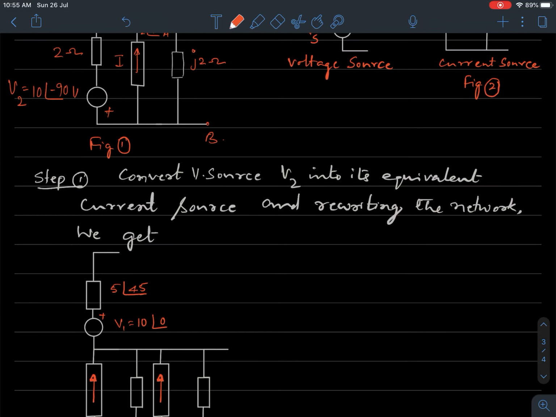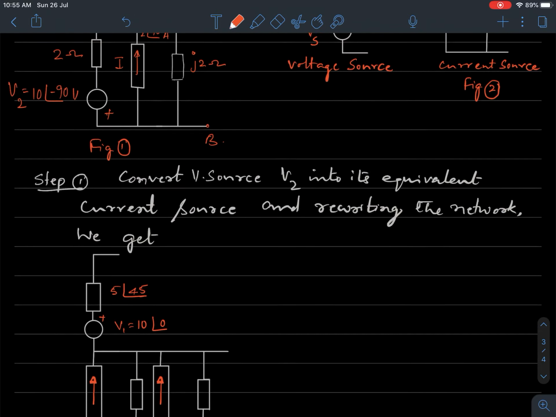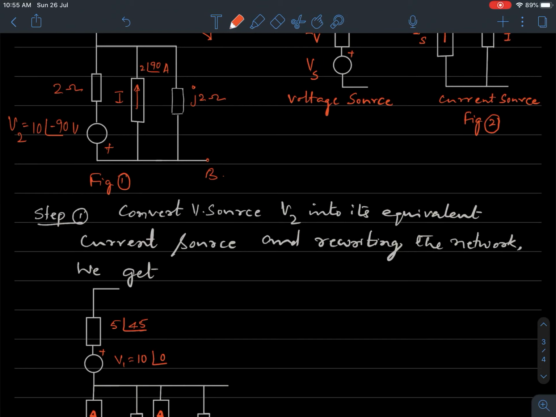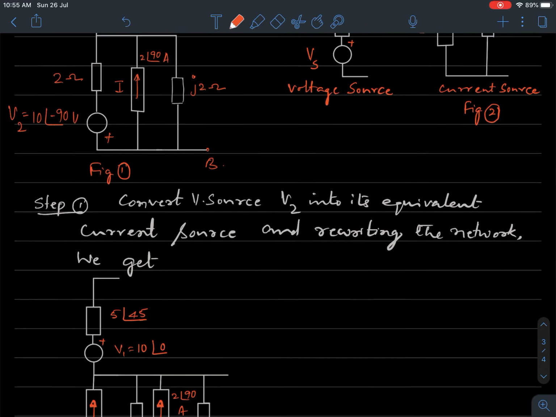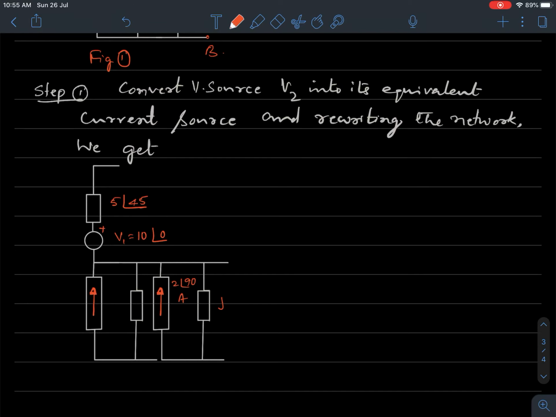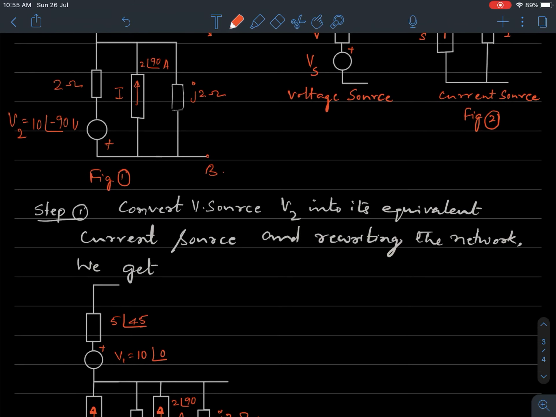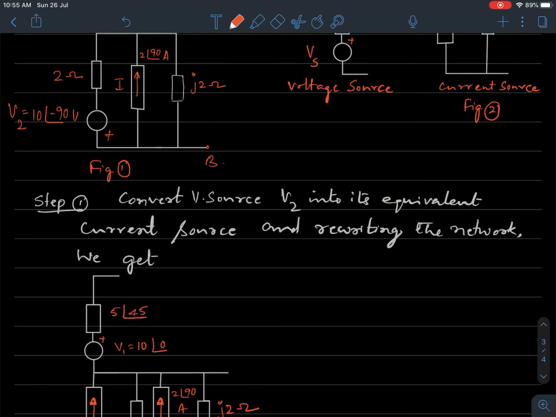I will write V2 equal to 10 at an angle 0. Then I will write I as it is. This I is 2 at an angle 90, upward arrow, so many amperes, and its internal impedance is j2. This also I will write as it is.